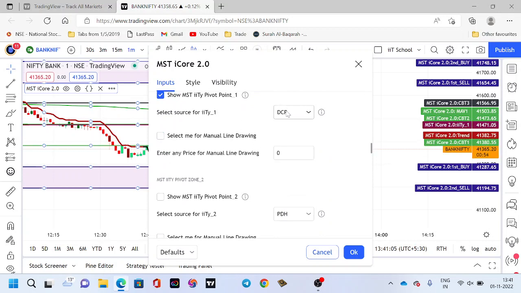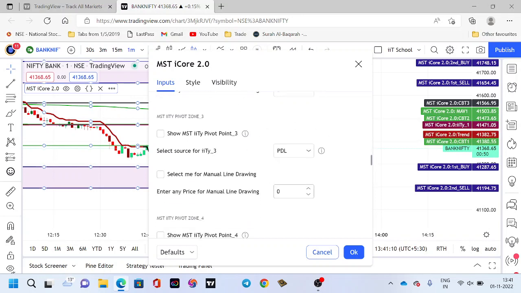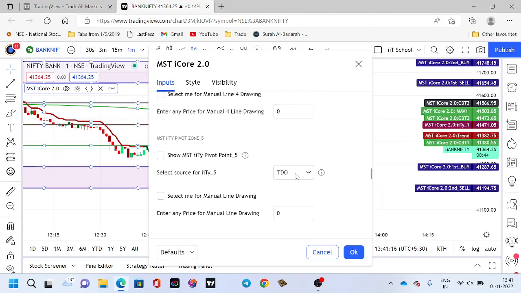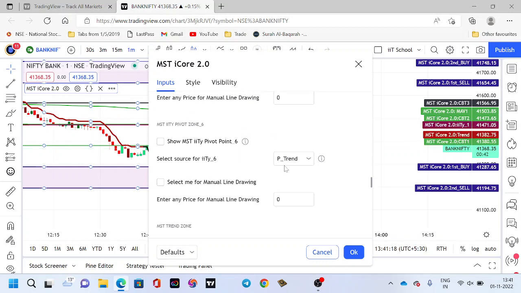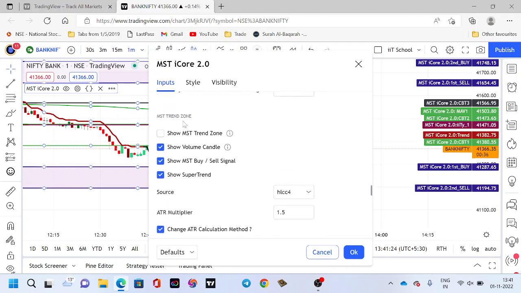Then we have given DCP, the center point, PDH previous day high, PDL previous day low, PDC previous day close, and TDO today open. Then P trend, positional trend, we have given. Then we have given 4 to 5 things in a single label, that is MST trend zone.